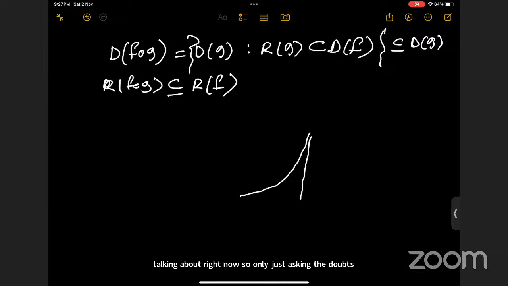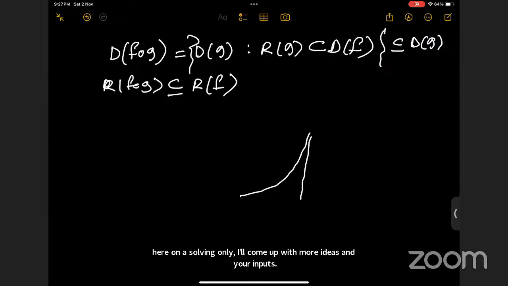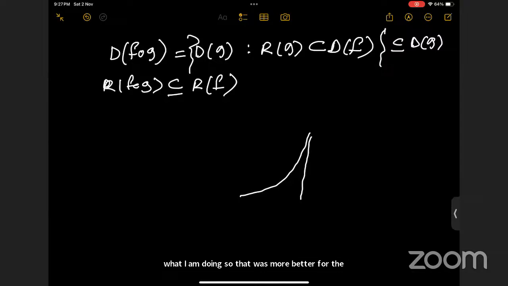Here when I'm solving, I'll come up with more ideas, and your inputs and your method are also different from what I am doing. That is better for students to understand the concept. All the Solve With Us sessions are recorded by me, so all the explanations there are also given by me.